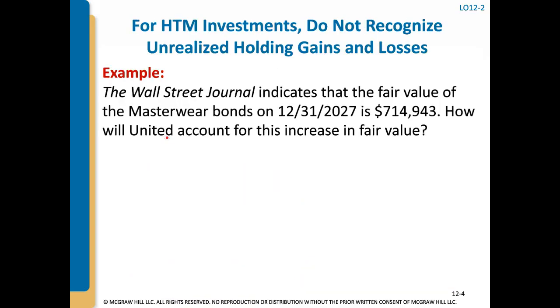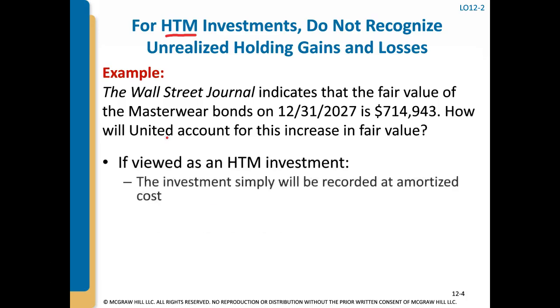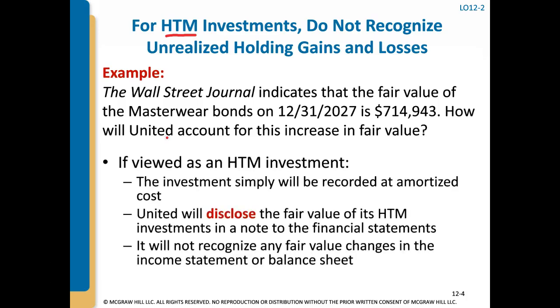So for held to maturity, which we write out as HTM, we don't recognize any unrealized holding gains and losses, which for the other types of debt securities, the trading security and available for sale, we would. So that's why that distinction is made here for the held to maturity investment. But let's take an example.